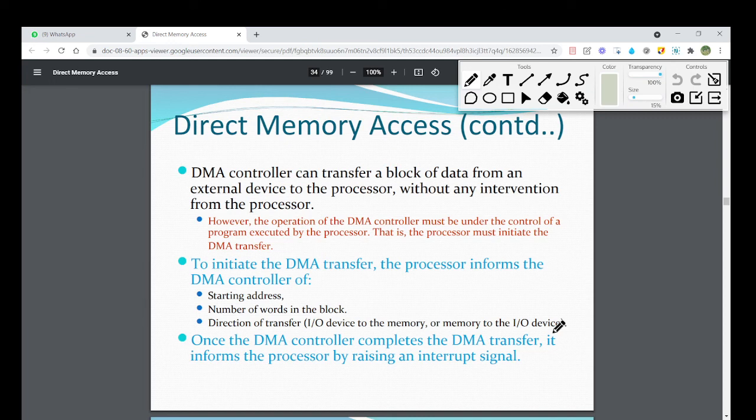To transmit the data, we should know the starting address, which we get from the processor, then the number of blocks we are transferring. Again, this is given to the DMA controller from the processor, and the direction of transfer is also given from the processor to the DMA controller. Once the DMA controller completes the DMA transfer, it informs the processor by raising an interrupt signal.